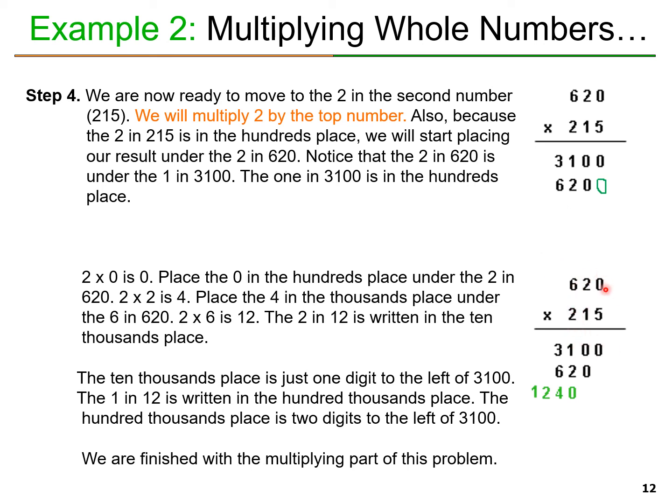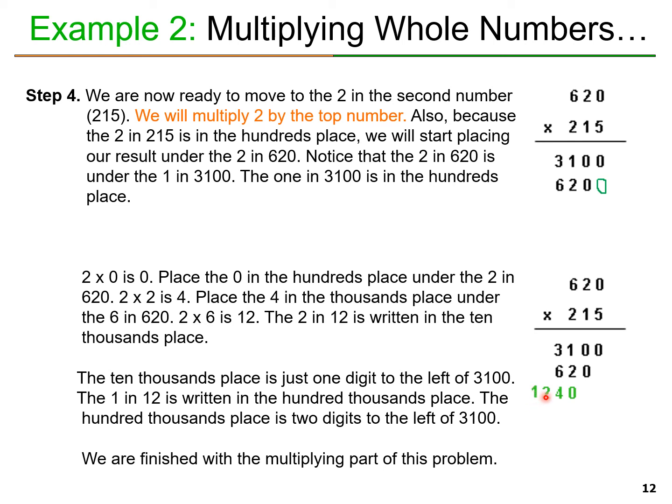2 times 0 is 0. We put the 0 up under the hundreds place right here. 2 times 2 is 4. We put the 4 one place left of this 0. We put the 4 in the thousands place. 2 times 6 is 12.